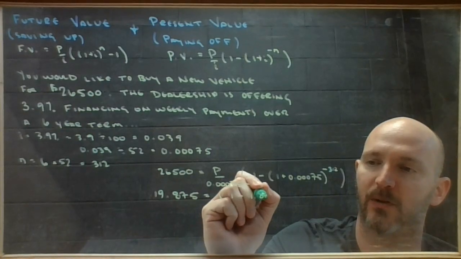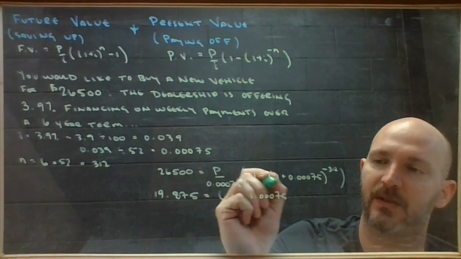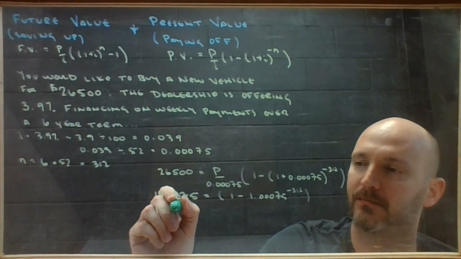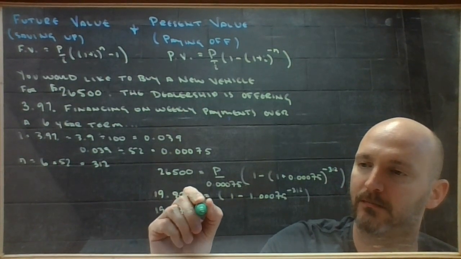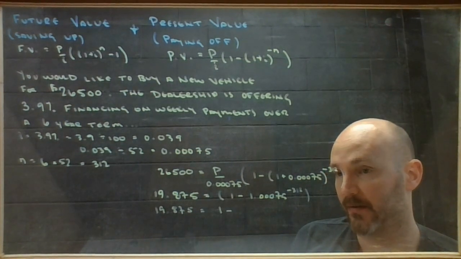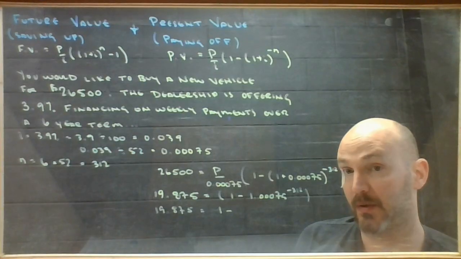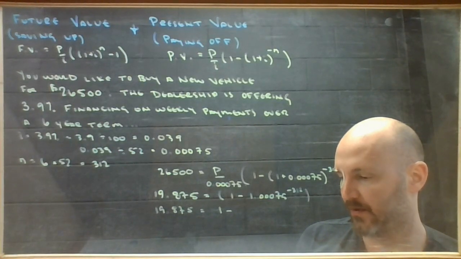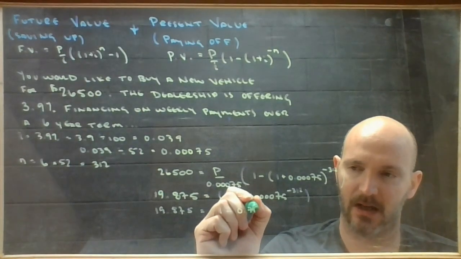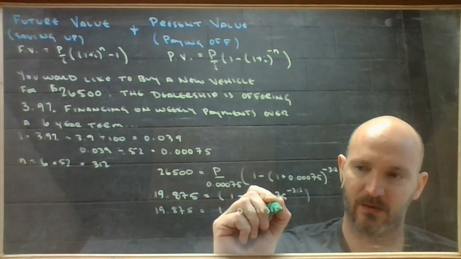Then I've got 1.00075 to the exponent negative 312 here. 1.00075 to the exponent negative 312 gives me 0.791431262.